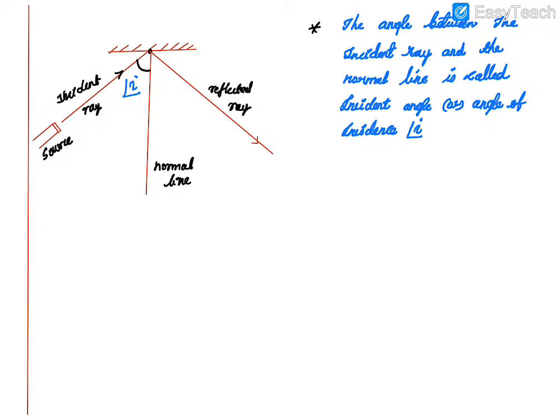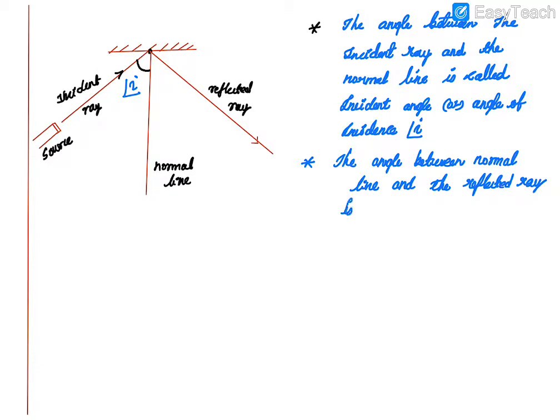And next point, what we have to write: the angle between the normal line and the reflected ray is called the angle of reflection or reflection angle.